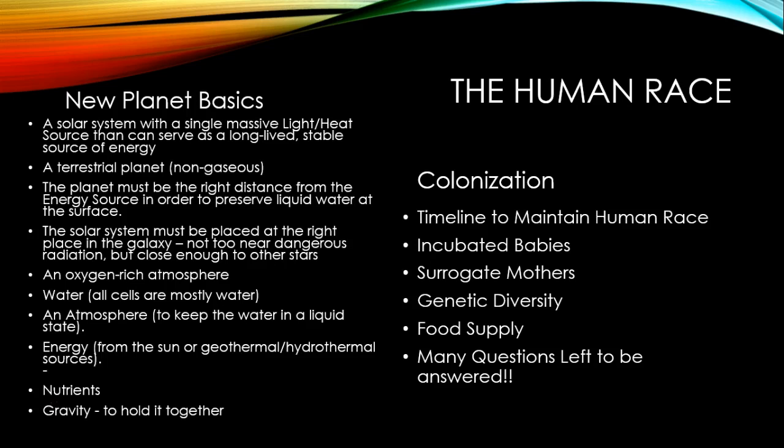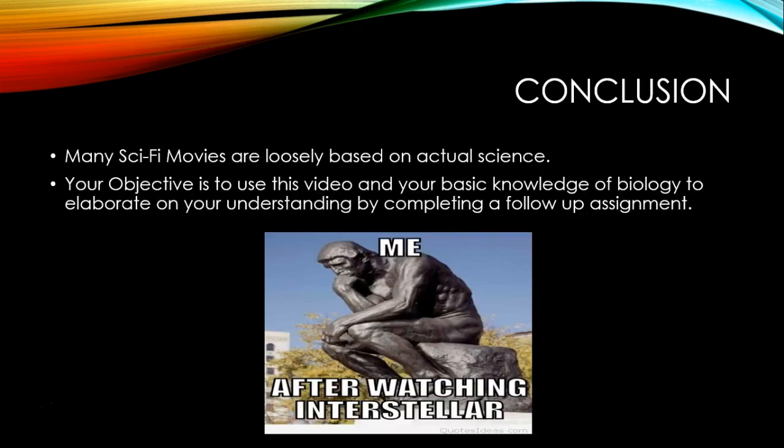Was it just embryos, or did you bring other things such as seeds, in order to produce plants, or embryos of other animals, in order to produce the animals that we use for proteins and other things? So there are many questions left unanswered in the movie, which you will elaborate on in your assignment.